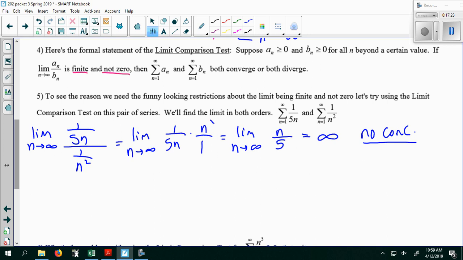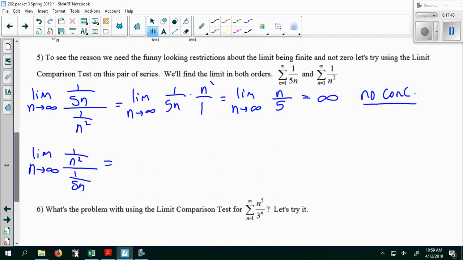All right, and then one more. I'm going to compare them, but do the division in the opposite order. What if I do 1 over n squared compared to 1 over 5n? So this would be the limit as n goes to infinity of 1 over n squared times 5n over 1.